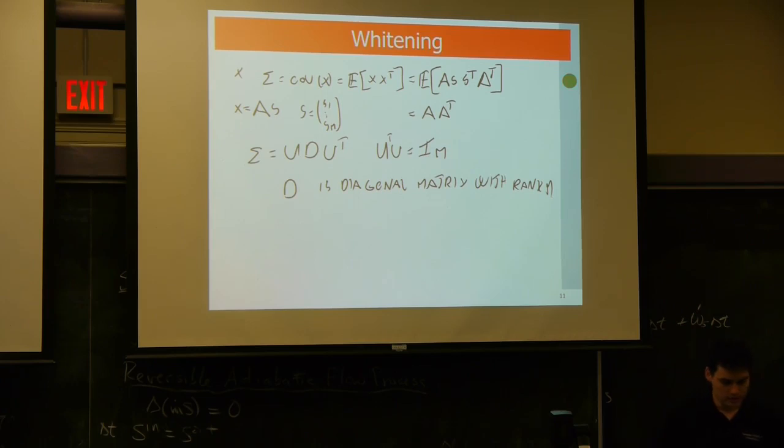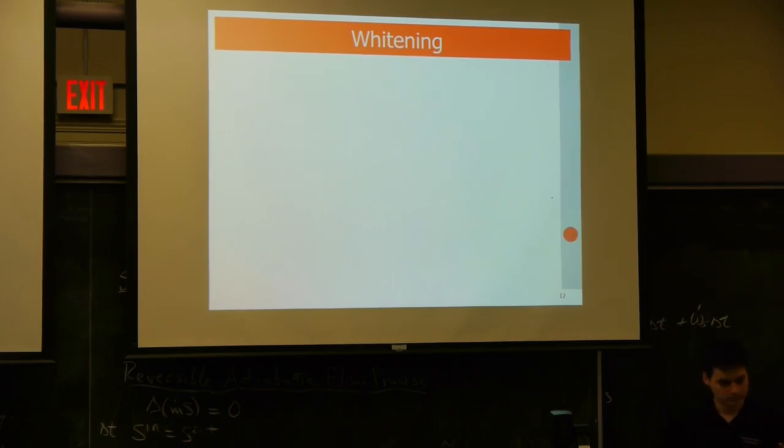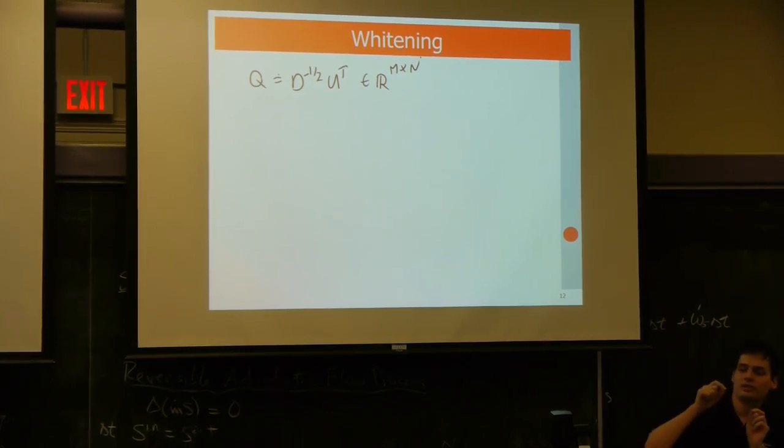And then you let matrix Q be defined as the inverse square root of D times U transpose, whose size is M times N, where we assume again that we have M independent signals and N observations from them.